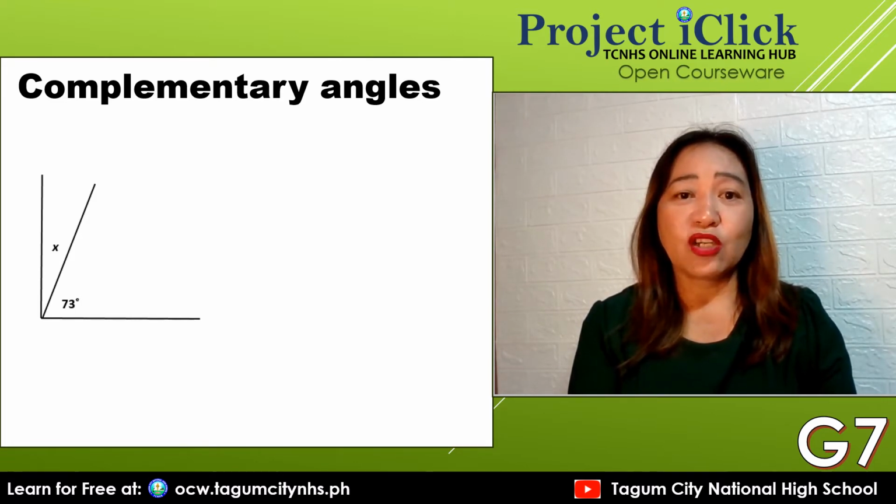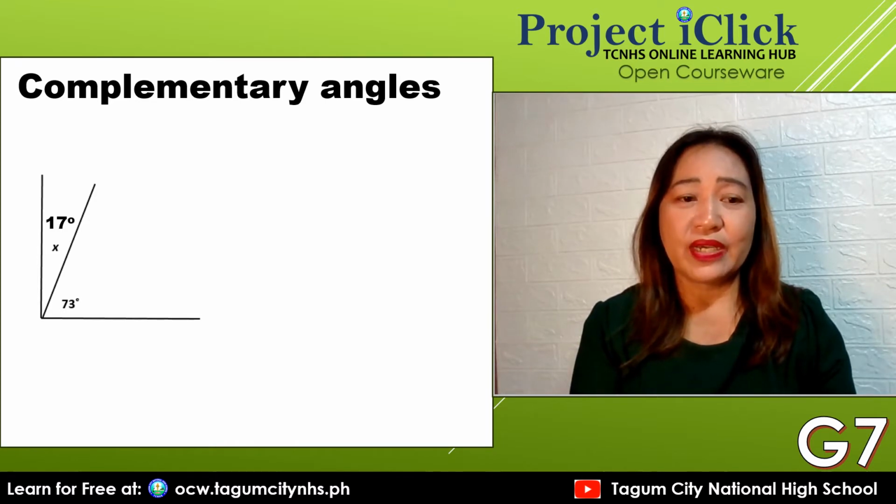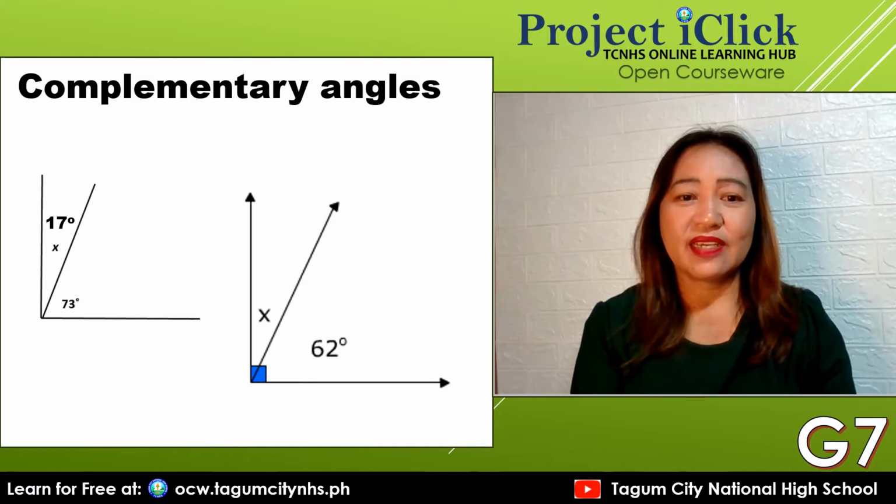Remember that complementary angles are two angles whose sum of their measures is 90 degrees. Therefore, in finding the measure of angle X, you are going to subtract 73 degrees from 90 degrees, and that is 17 degrees.